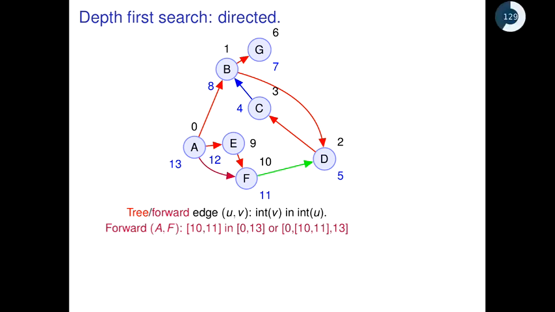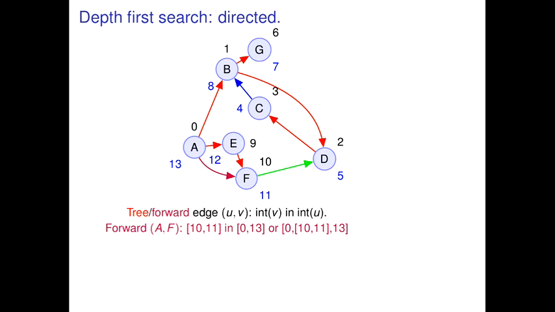Here's an example of a forward edge. AF is a forward edge. Let's look at the interval for F, which is 10, 11, and we see that it's in 0 to 13, right? A was on the stack for the whole time F was on the stack.